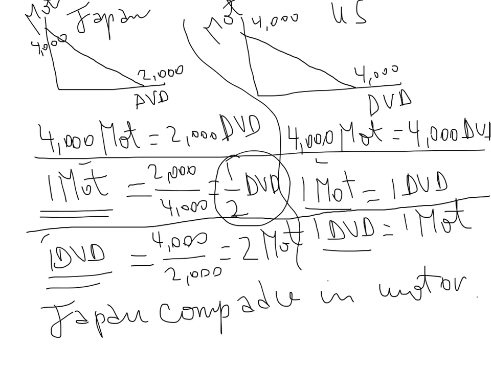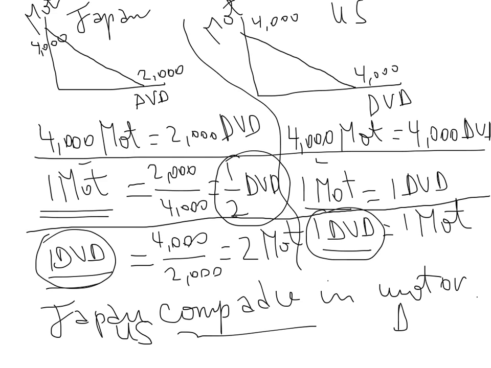And then we do the same thing for the second good here. To produce one DVD, Japan gives up 2 motorcycles. To produce one DVD, the United States gives up just 1 motorcycle. So it has a lower opportunity cost. Consequently, the United States has a comparative advantage in DVD players. Now, looking back at your application, multiple choice number 1, let's see which of these choices matches.